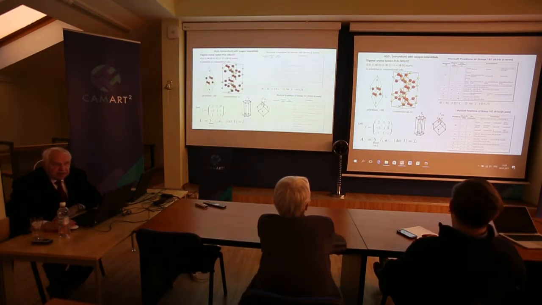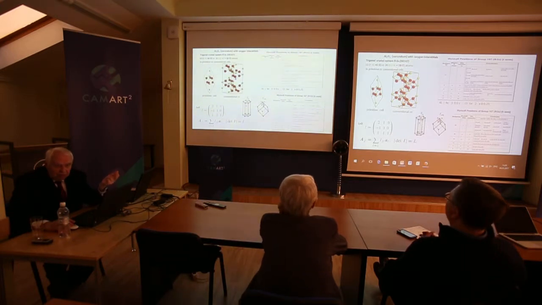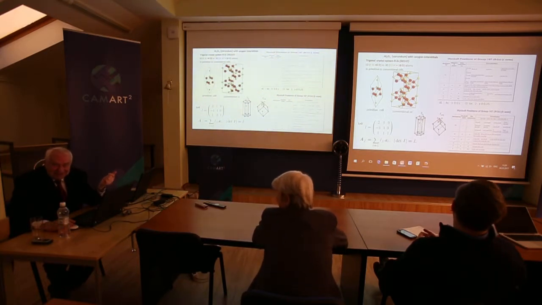Who can say how many parameters one needs to give to describe the corundum structure? 4. 2. 4. 4, 2, what else? 3. 3, no. 5, 7.